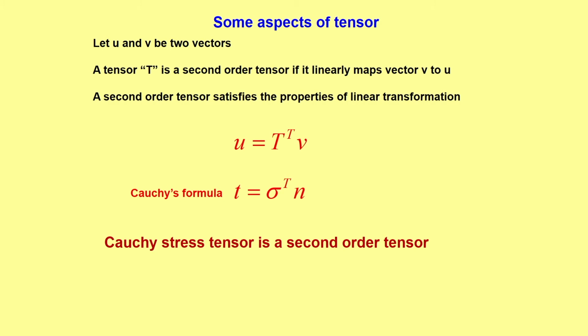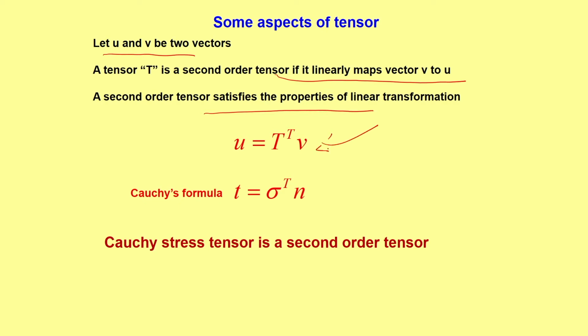Now, some aspects of tensor. This may not be directly useful, but it is important to understand the tensor. Let us say there are two vectors u and v. A tensor T is a second order tensor if it linearly maps vector v to u, and the second order tensor satisfies the properties of linear transformation.